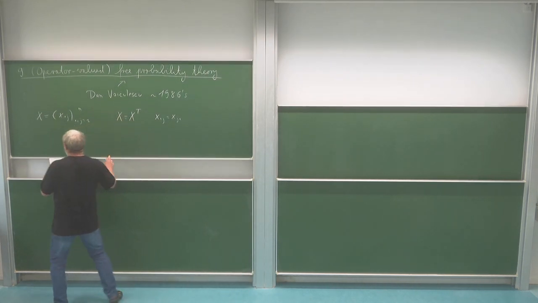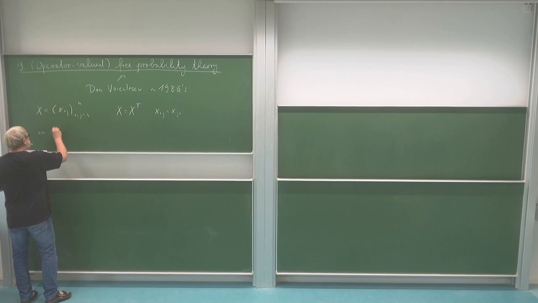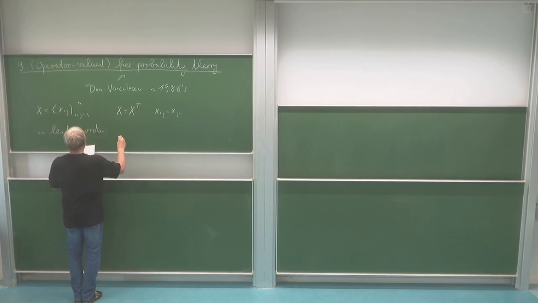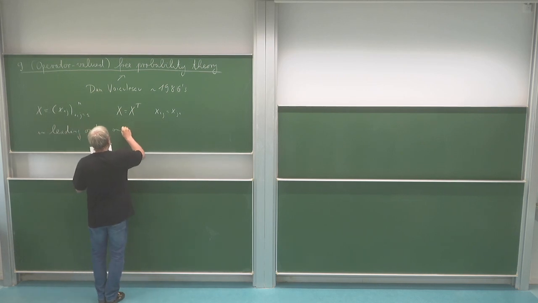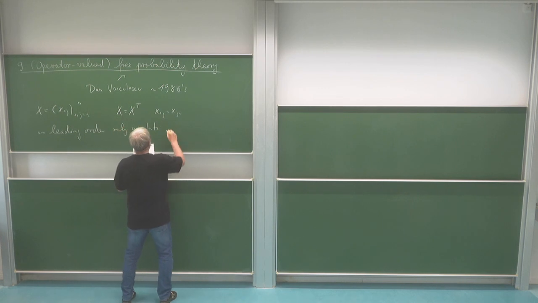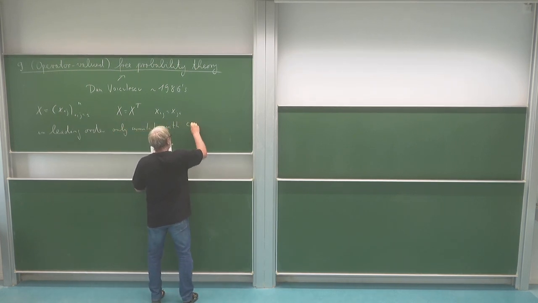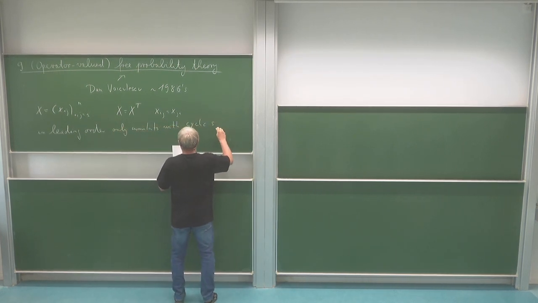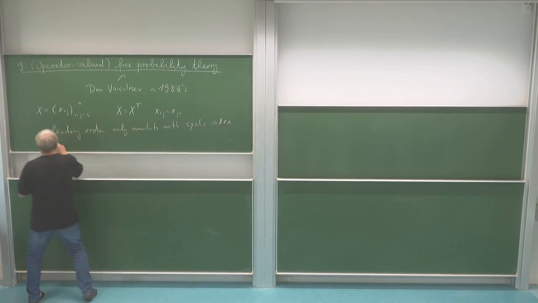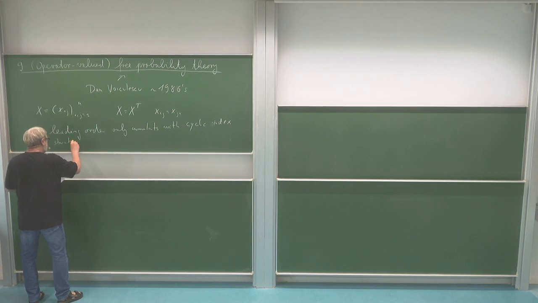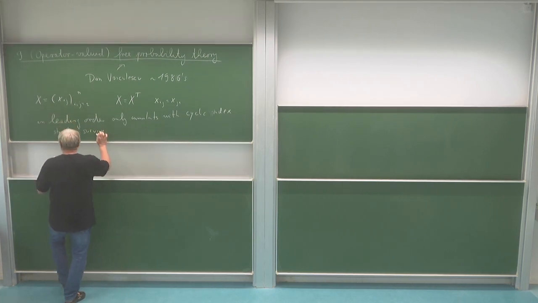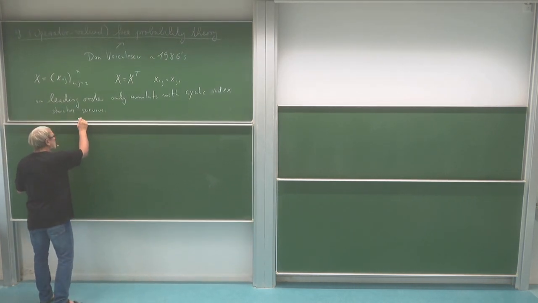So let me recall: in leading order, only cumulants with a kind of cyclic index structure survive. What do I mean by this?